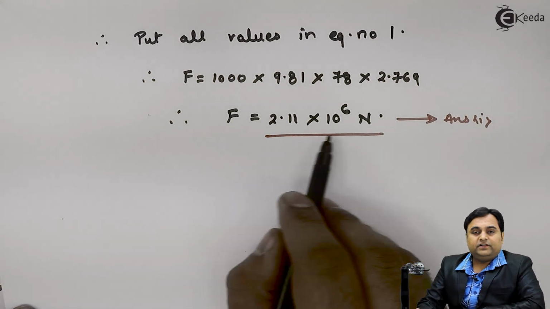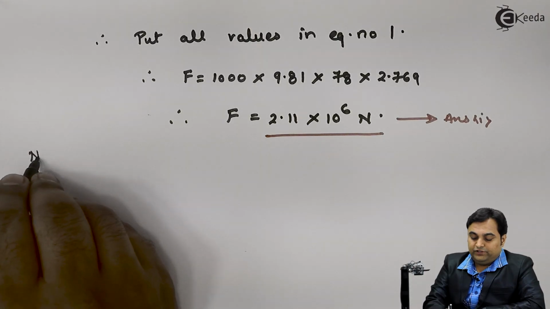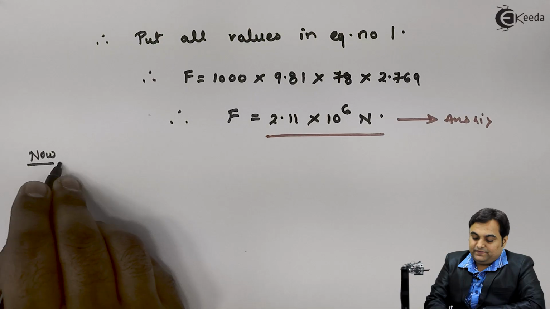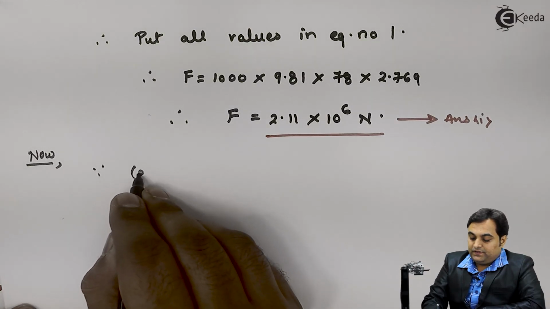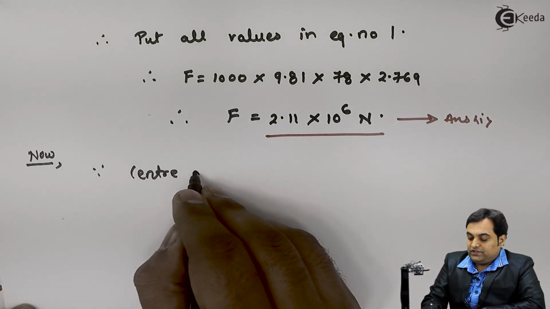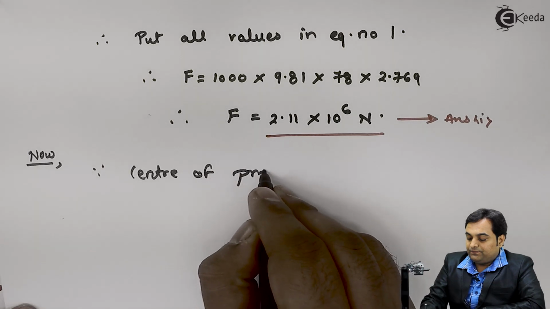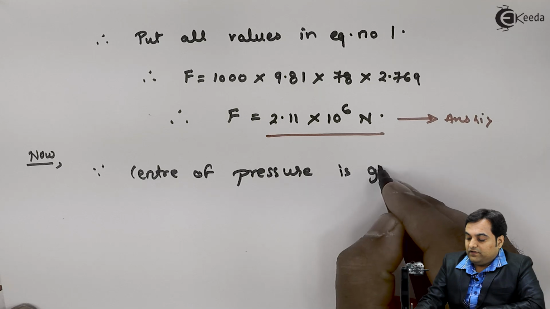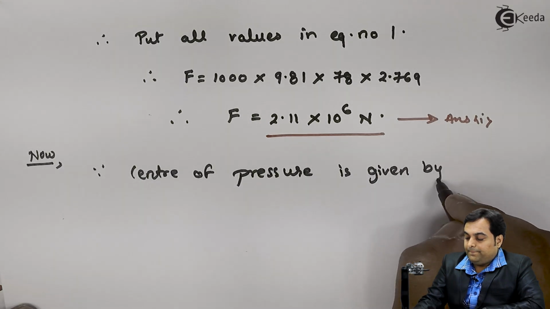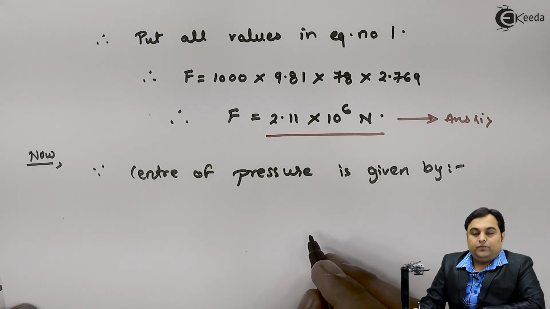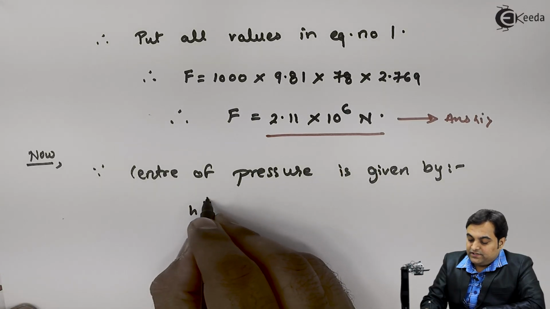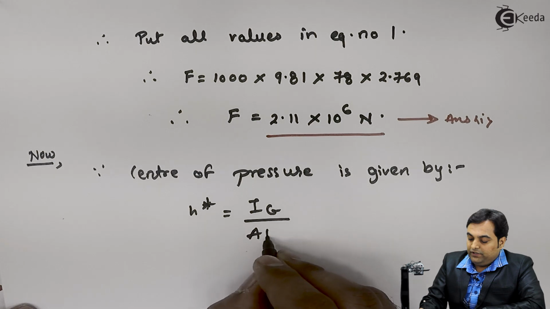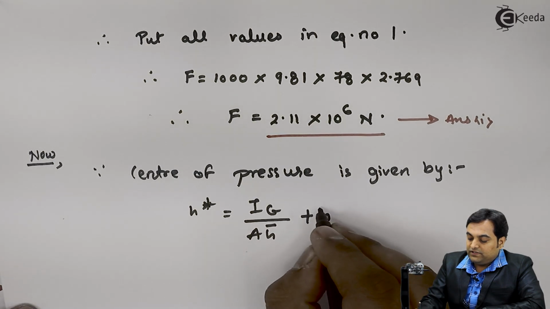Now, after getting the hydrostatic force, I'll go for the calculation of the center of pressure. Since the center of pressure is given by, the formula is h star is equal to Ig upon A h bar plus h bar.